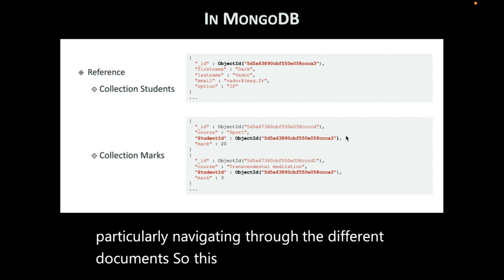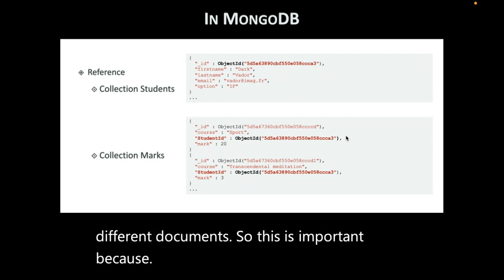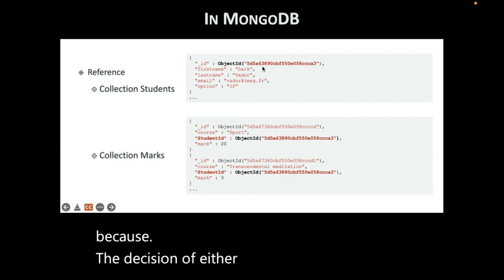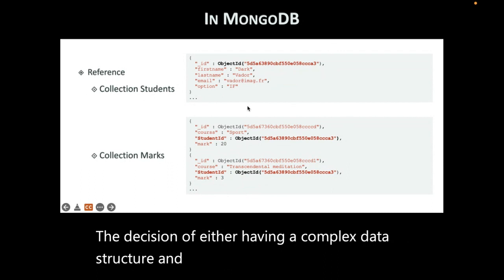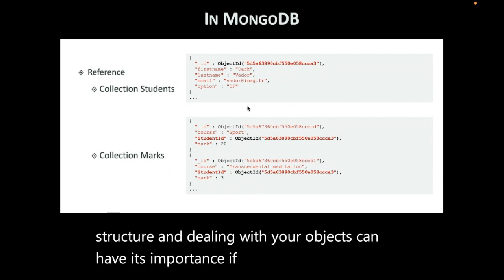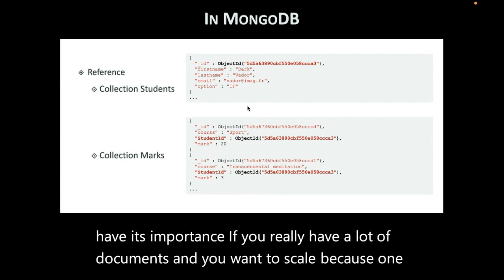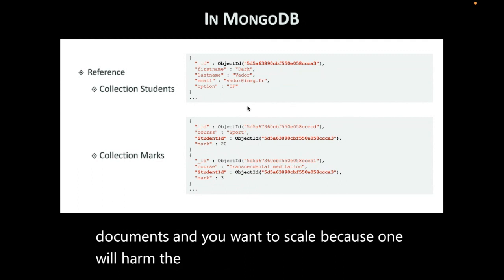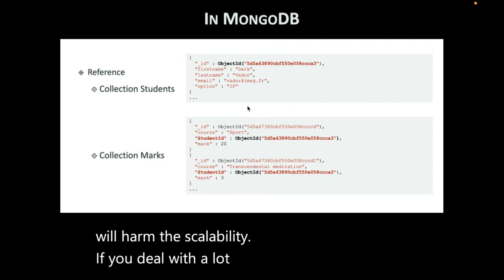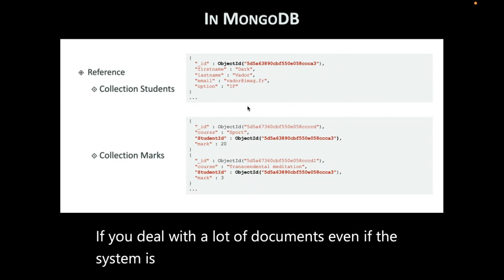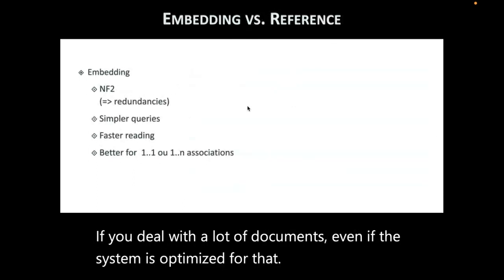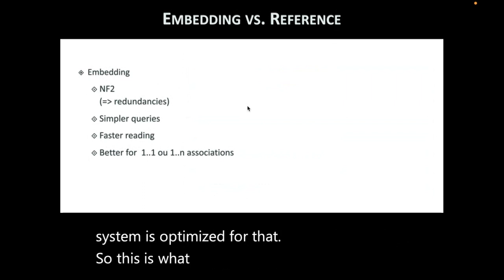So this is important because the decision of either having a complex data structure and dealing with your objects can have its importance if you really have a lot of documents and you want to scale, because one will harm the scalability if you deal with a lot of documents, even if the system is optimized for that. So this is what I have said.